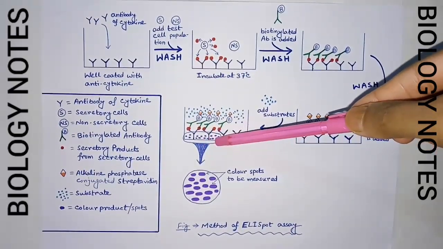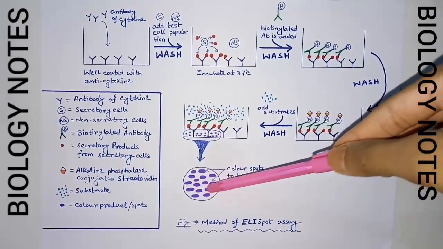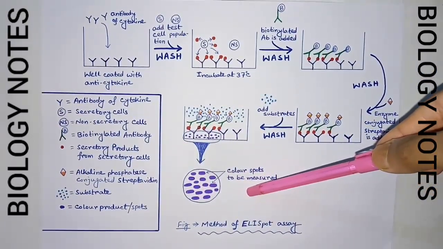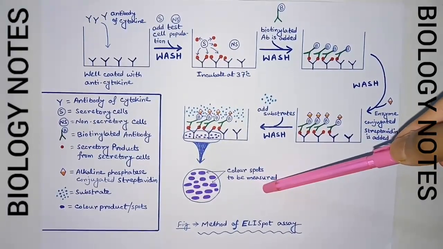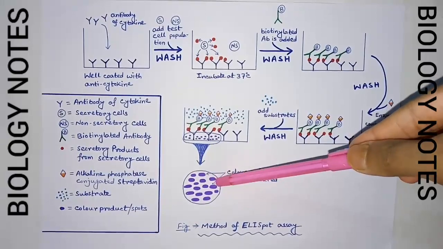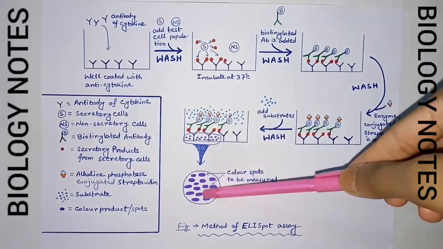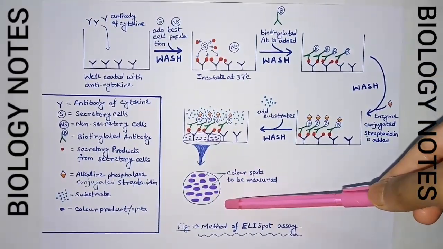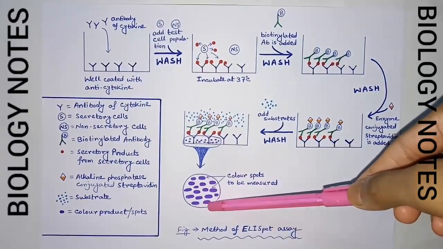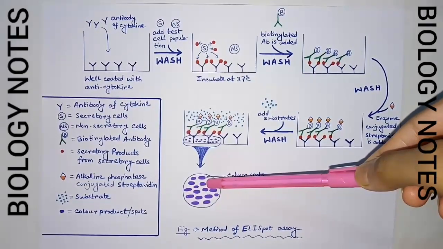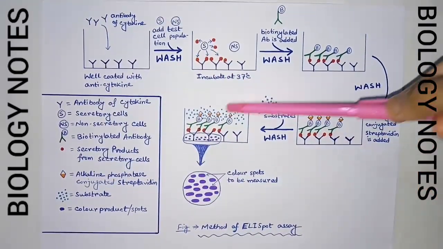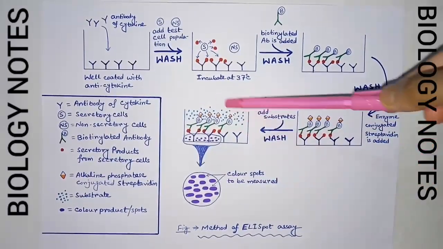These spots can be read on an automated ELISpot reader or counted under a dissection microscope and further used to calculate the frequency of cytokine secretion. Each spot corresponds to a single secretory cell. In this way, we can quantify how many cells are secretory in nature. I hope you all understand.